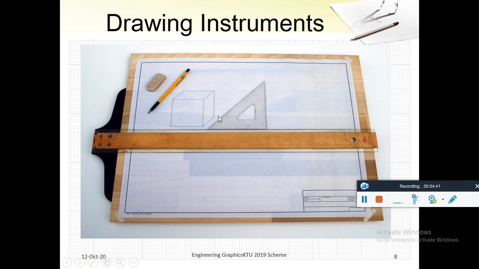These are drawn at 45 degree without any measurement because it is a 45 degree set square. Or in the other direction also we can draw 45 degree easily. We can draw a line here and a parallel line here by sliding it over here. In a similar way, 30 and 60 degree can be easily drawn using the set square along with a T-square.